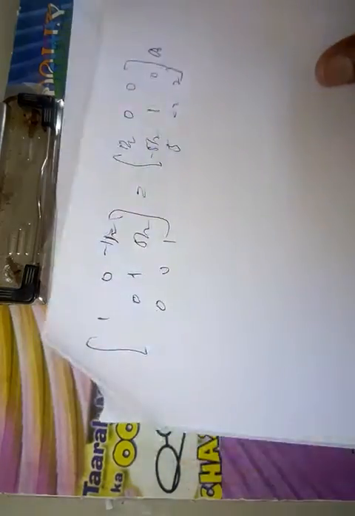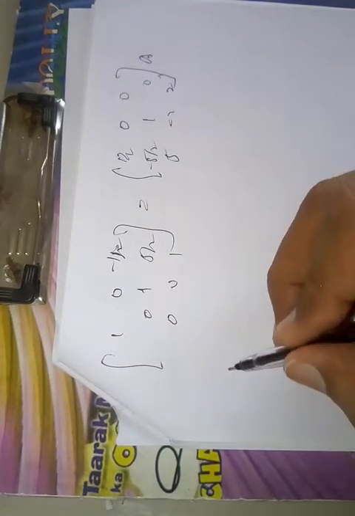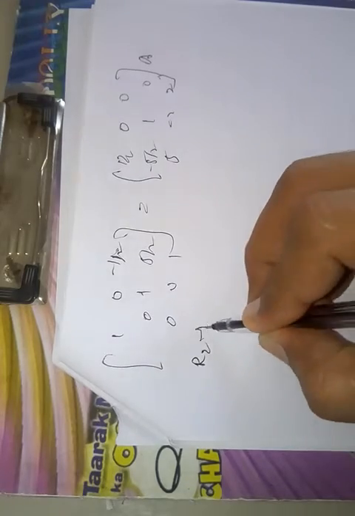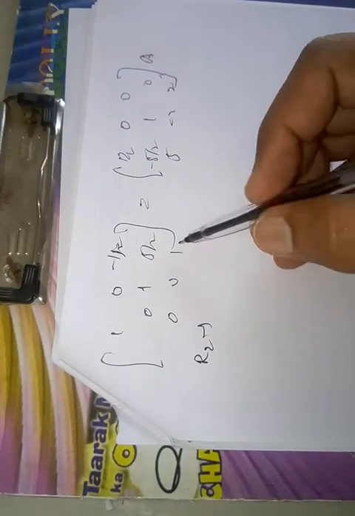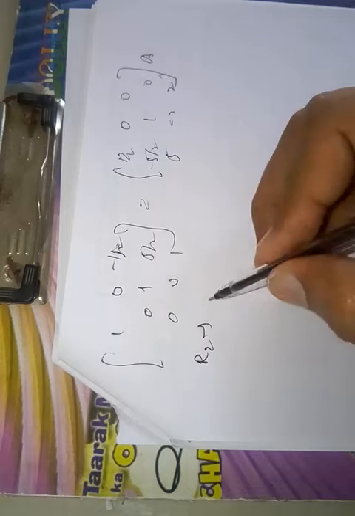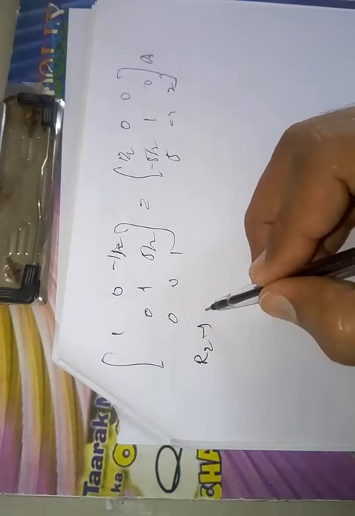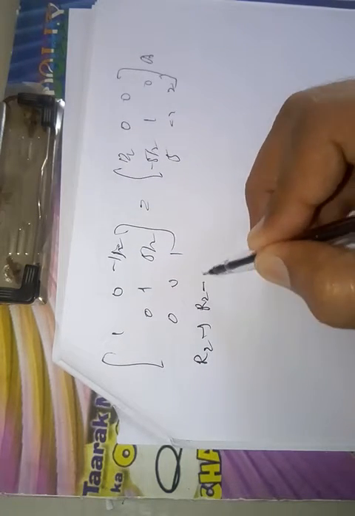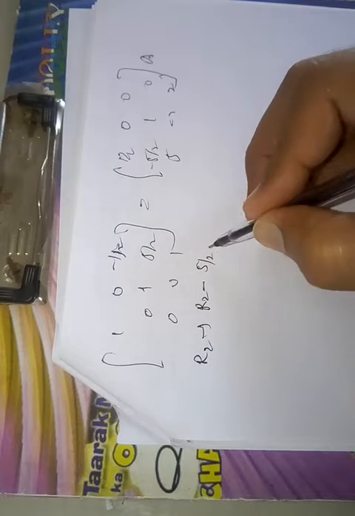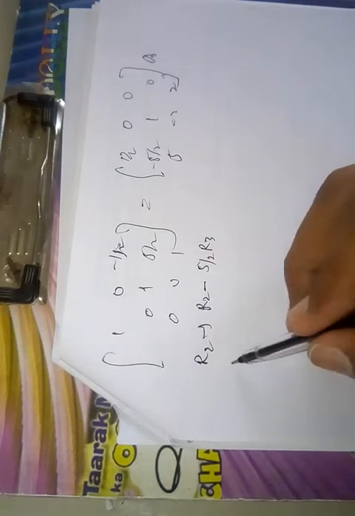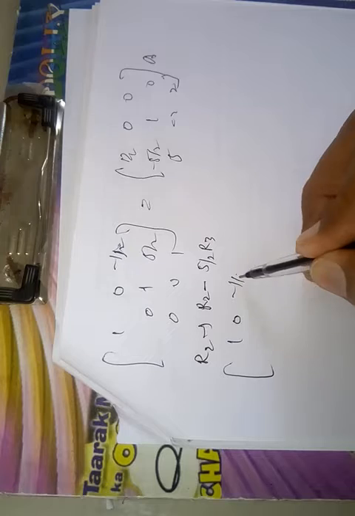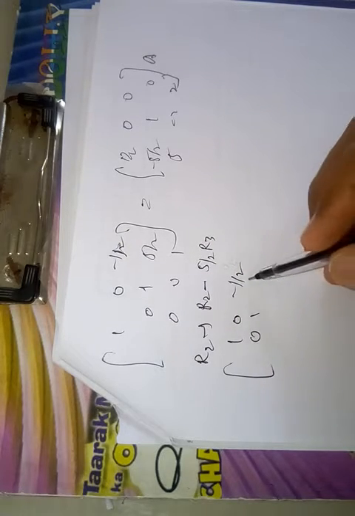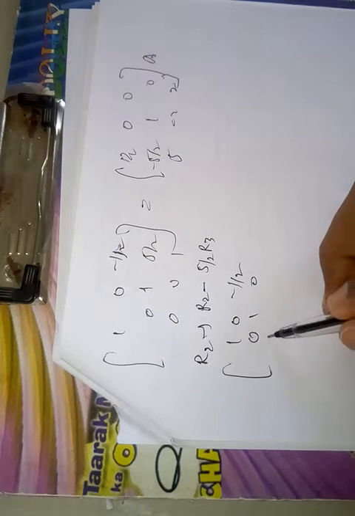Next, R2 must change to 0, so R2 becomes R2 minus 5 by 2 R3. The left side becomes 1 0 minus 1 by 2, 0 1 0, 0 0 1.